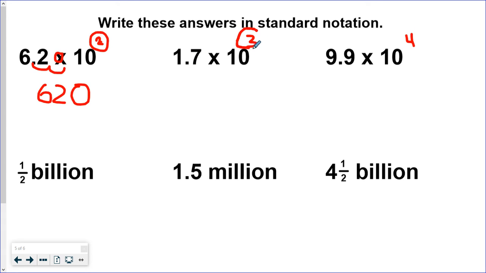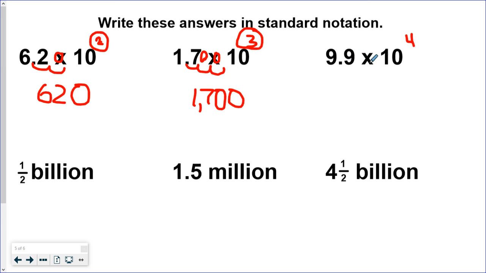Well, the exponent is 3. This right here tells me how many places to move the decimal. So I'm going to move it once, twice, 3 times. There are 2 open gaps here, so I'm going to go ahead and put a 0 in that open gap and a 0 in that open gap. And now we should see that my answer is 1,700. Okay, go ahead and put that comma there.